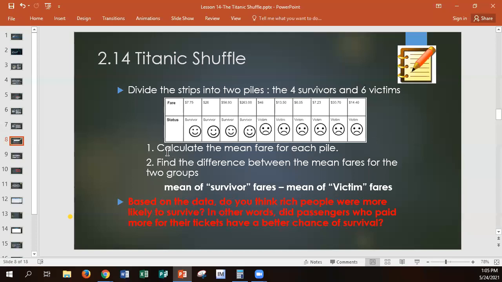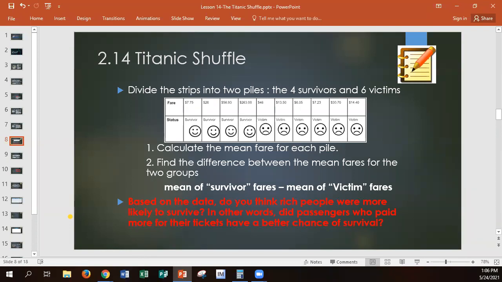We're going to calculate the mean fare for each pile, and then find the difference between the mean fares for the two groups: the mean of the survivor fares minus the mean of the victim fares. Then we'll answer this question, but before we get there, how do I calculate the mean?